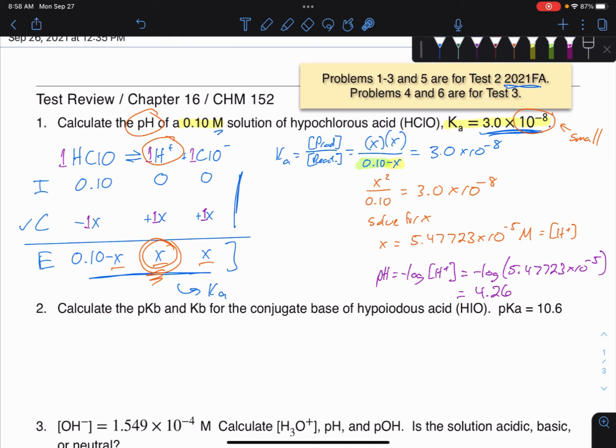But what I want to do, just for a real quick moment, is the percent ionization here. Now, the percent ionization formula is given in the equation sheet, and we've seen it in class before, so I'm not going to rewrite it here. I'm going to shorten my concentration of the acid just a little bit. It takes on this form here, and it's a percent, so it's going to be times 100.